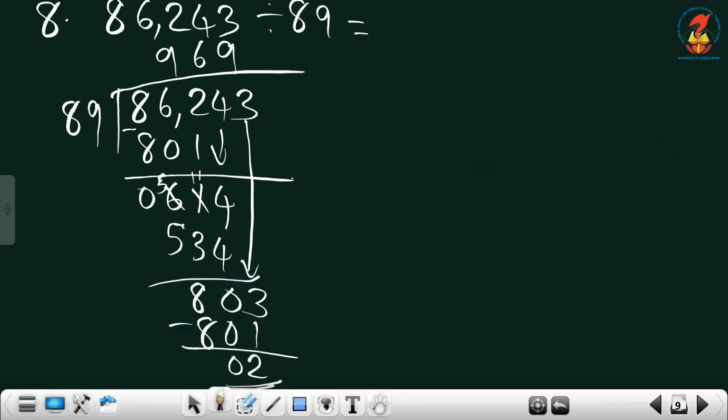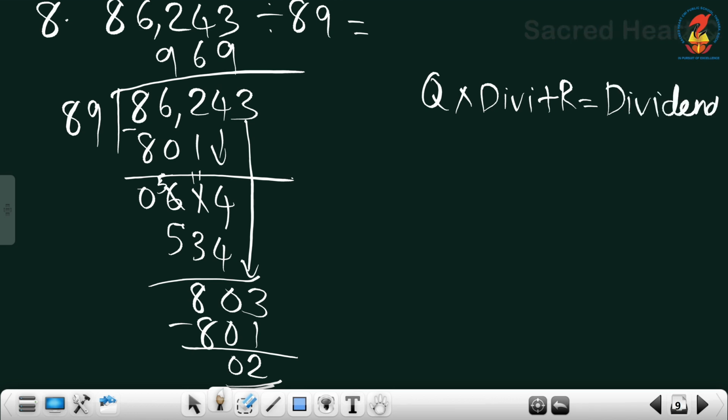How only? Quotient into divisor plus remainder. I need to get what? Dividend.